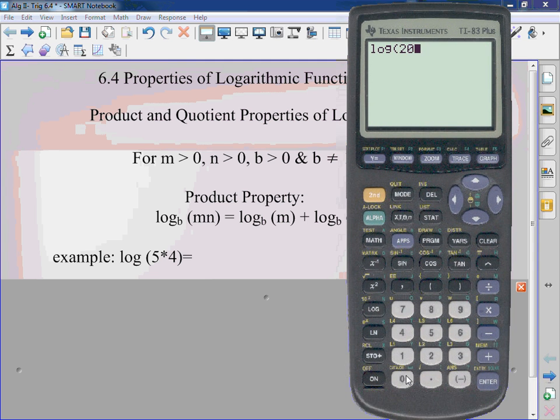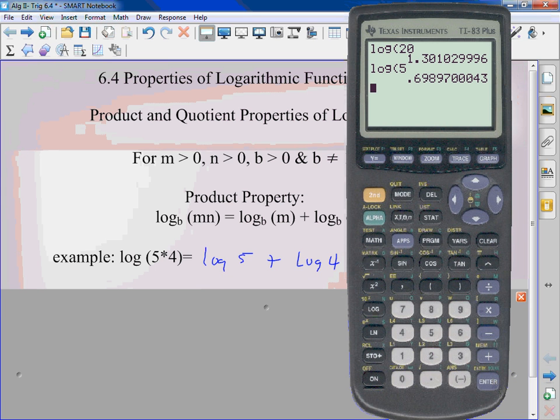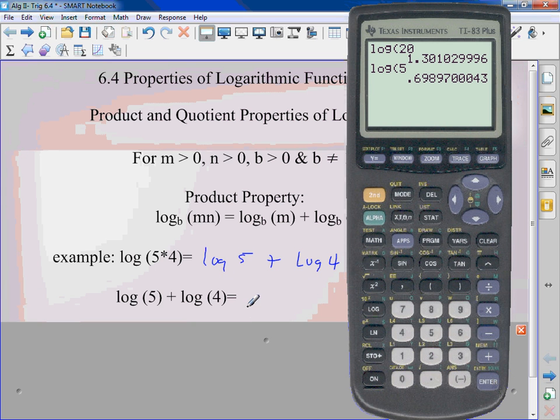Log of 20, it's 1.301. But log of 5 plus the log of 4. Log of 5 is 0.699.